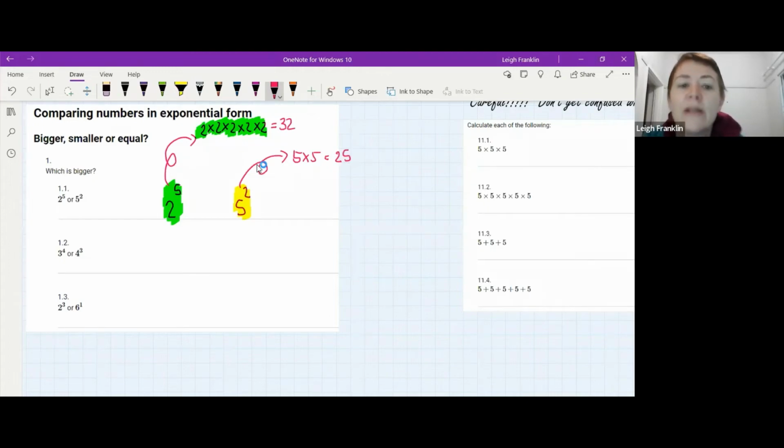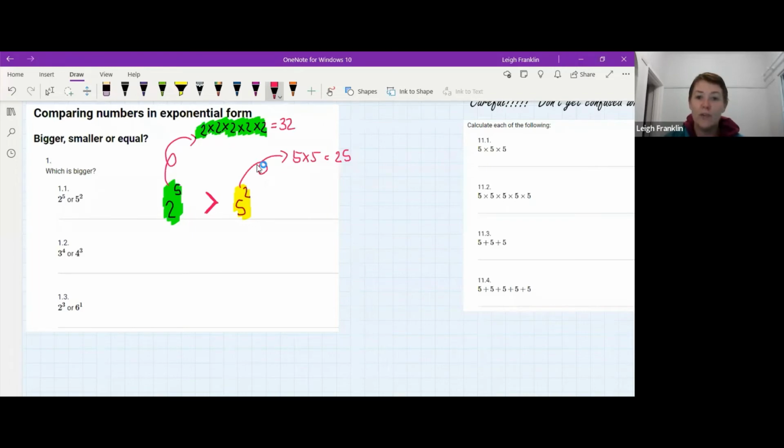Absolutely. So which one is bigger, 2 to the power of 5 or 5 to the power of 2? 2 to the power of 5 is bigger, absolutely. So they are not necessarily the same thing. 2 to the power of 5 is bigger than 5 to the power of 2.